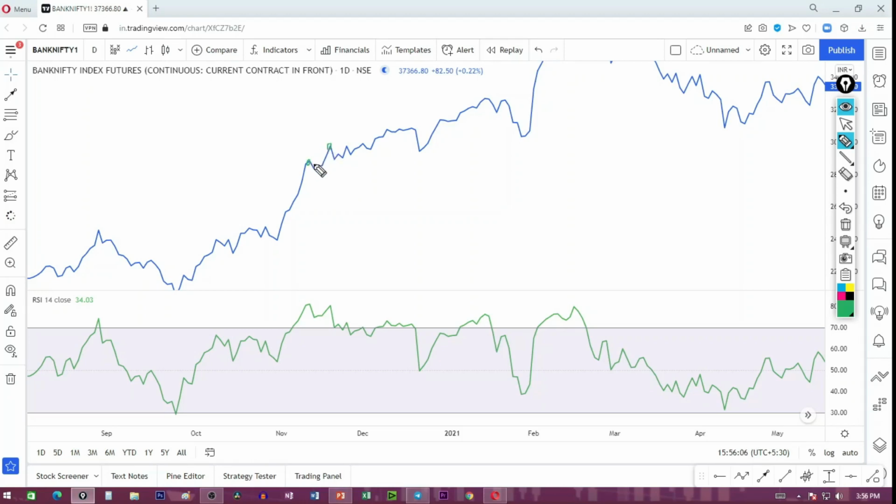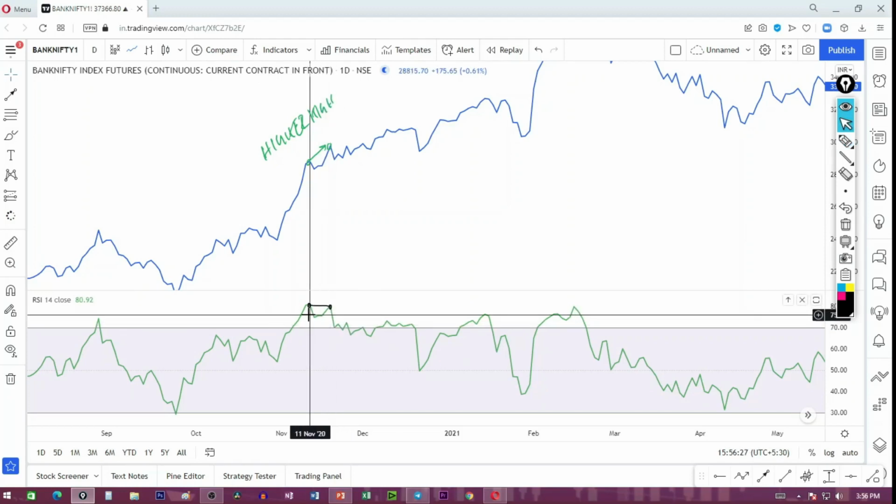This high point and this high point, price make higher high. Same time RSI make lower high.